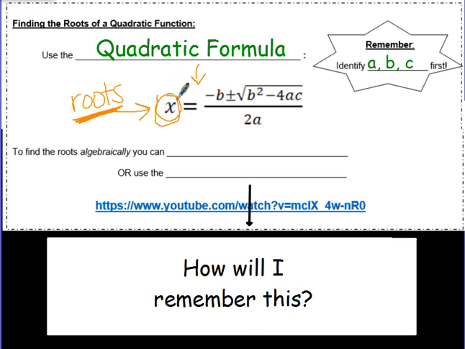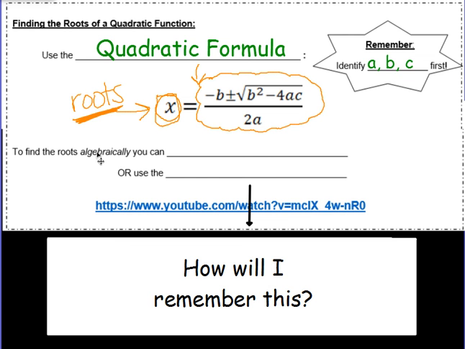So this formula, I know it looks really complicated. There's a lot going on here, but I'm going to show you an easy way to remember this formula today. So I would read this as x equals -b, this is plus or minus, the square root of b squared minus 4ac, all over or divided by 2 times a.